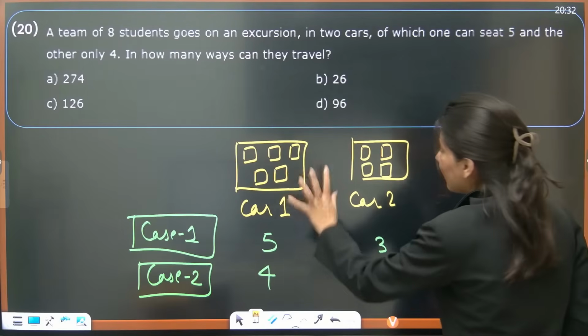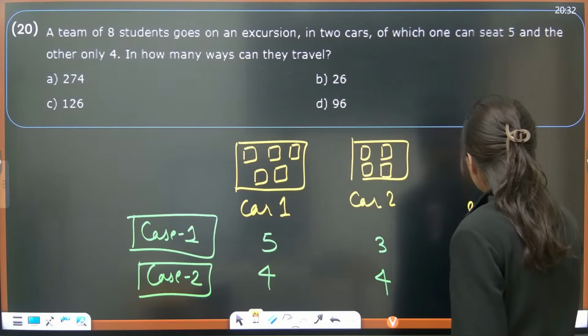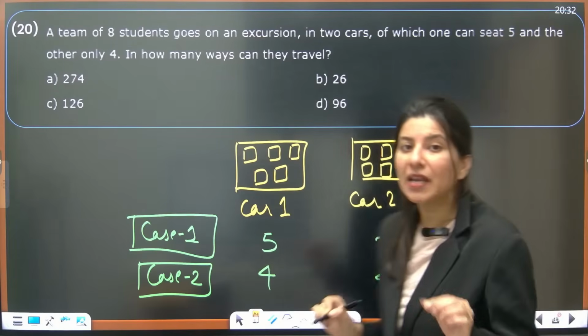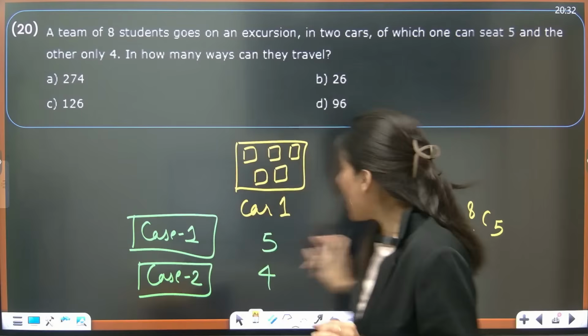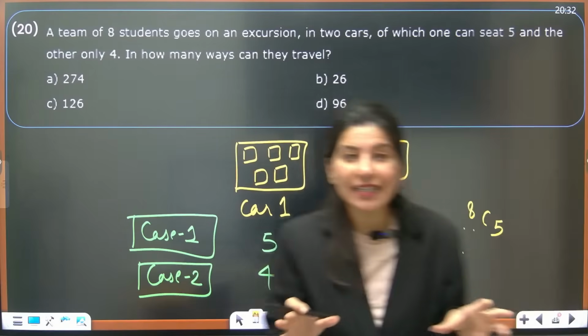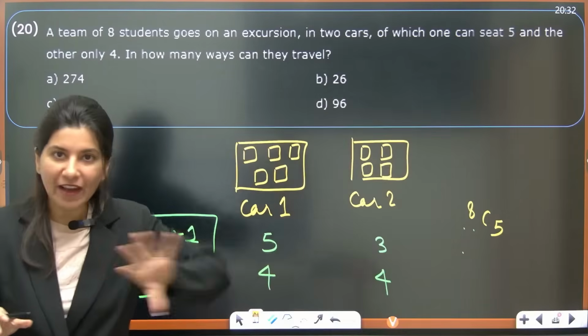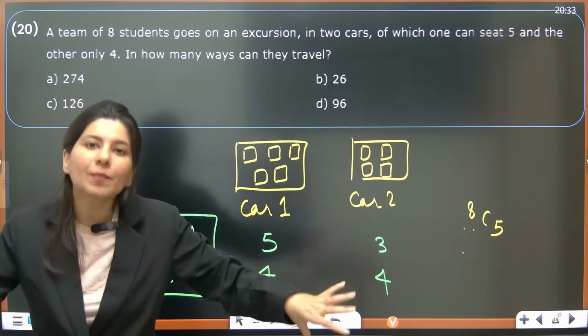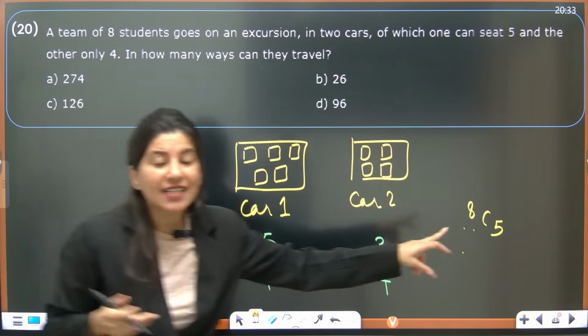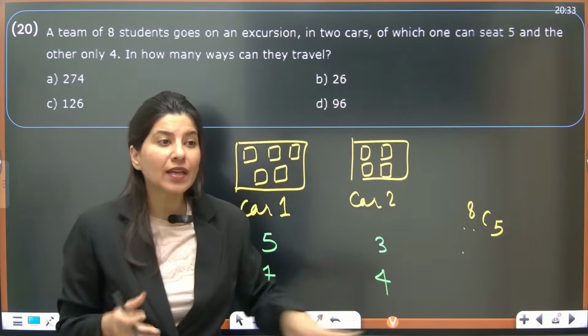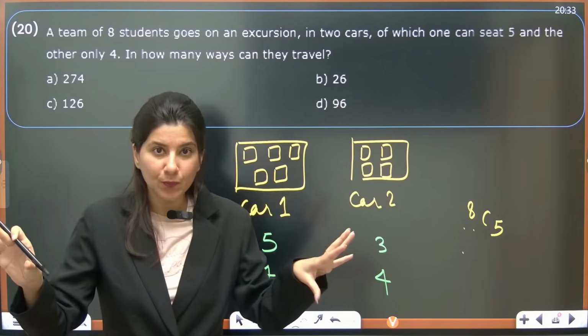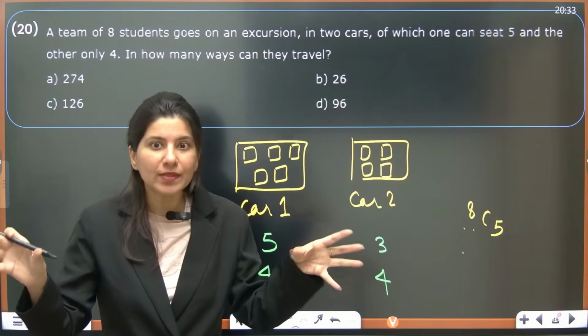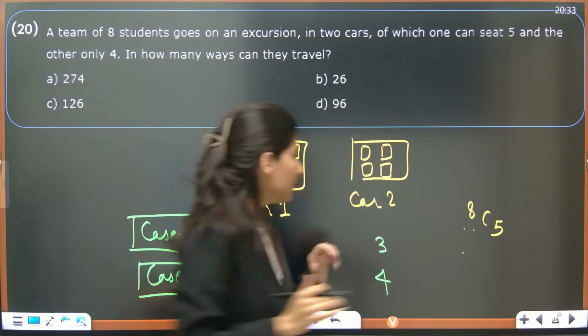So 8C5. If you do 8C5, selection of 5 people out of 8 people, automatically you will create a group of 5. 5 will be separated, 3 will automatically be left out. So this 8C5 alone is creating two groups, 5 and 3. That's it. 8C5.